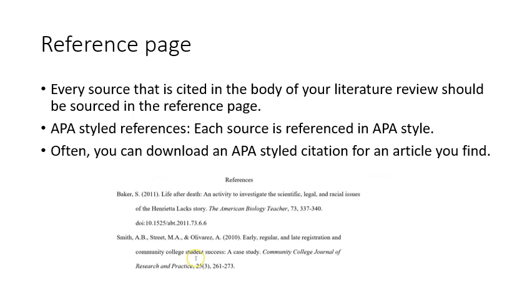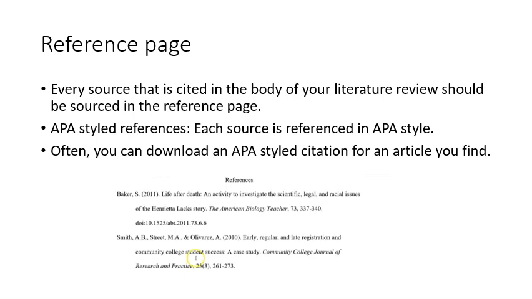For example, this is how APA style is done. You list the author's names, then you list the year in parentheses followed by a period. Then the title of the article, and notice that it's not capitalized. The only words that are capitalized are the first word, any word that immediately follows a colon, and any proper nouns like names.